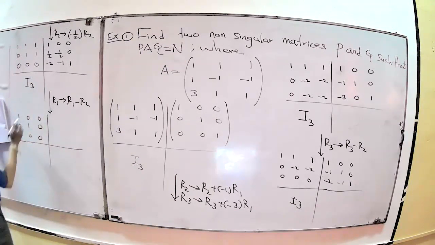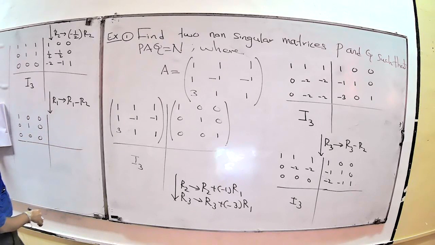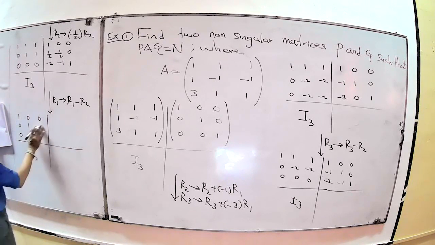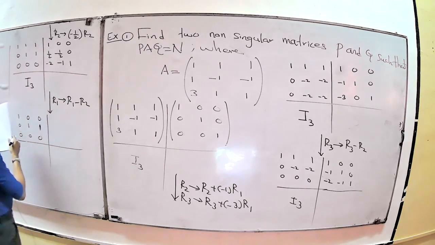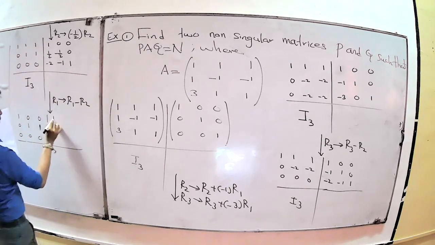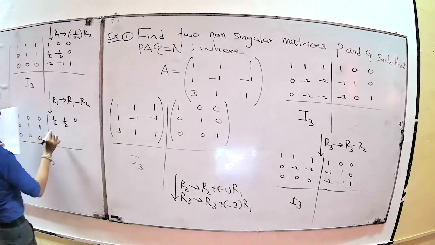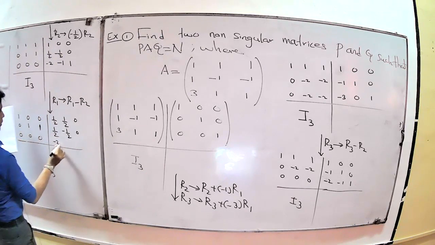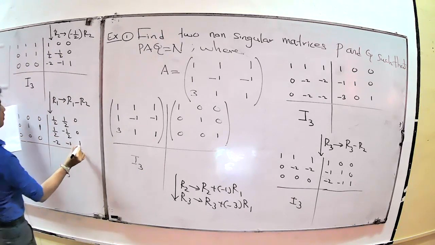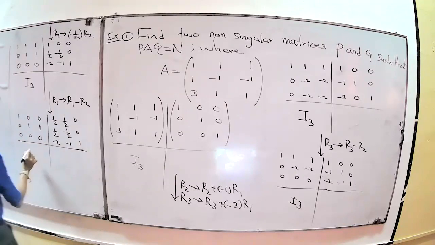It is your normal form, no? But it is not the normal form, because here the 1 is not normal form, but here 0. Because R1 replaced by R1 minus R2, here what we get, 1 minus half, no? 1 minus half means half, 0 minus half means plus half, here 0, here the remaining half, minus half, 0, minus 2, minus 1, 1. Now here I3.